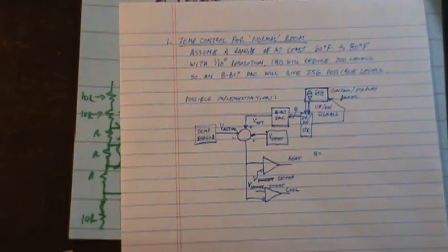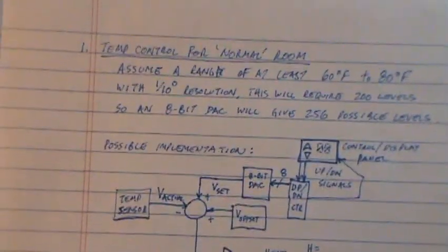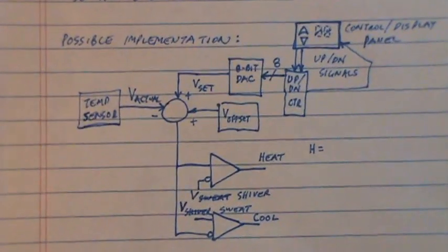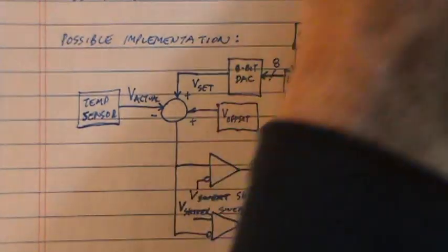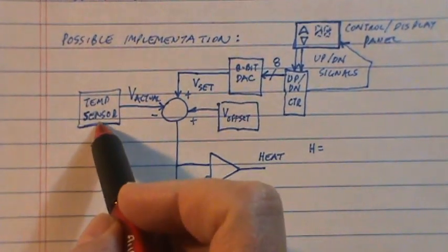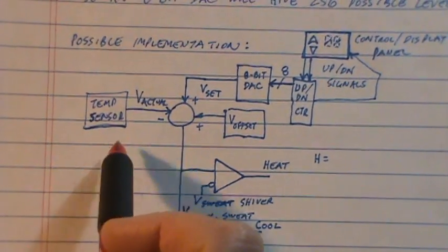The other thing I wanted to show was that this would be a nice little end of the year project: figure out how you would put a bunch of this stuff together. What would a system look like? In this case, we might have a temperature sensor, because if you're controlling this, you've got to keep track of what the temperature is.